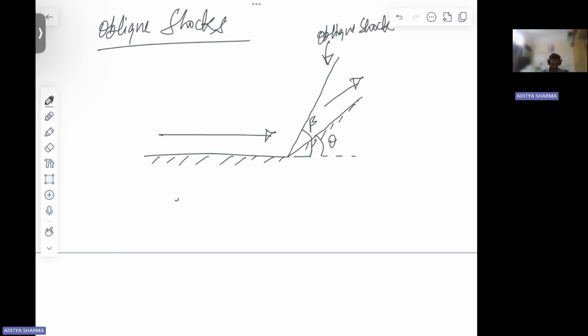Your Mach number will decrease, but the decrease will not be as drastic as it was in normal shocks. Then your static properties are going to increase, but your stagnation temperature does not change and your stagnation pressure decreases. Also, your entropy is going to increase, so this remains the same as it was in normal shock waves.